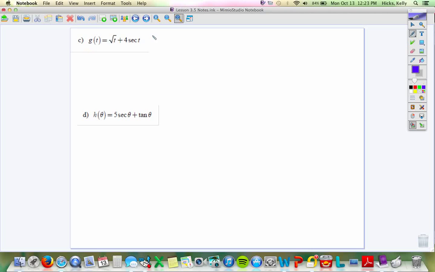Square root of t plus 4 times secant t. Well, I'm going to rewrite the problem before I get started and say t to the 1/2 plus 4 secant t. So how do we take the derivative of that? G prime of t equals, okay, t to the 1/2 power, that's just a normal power rule.